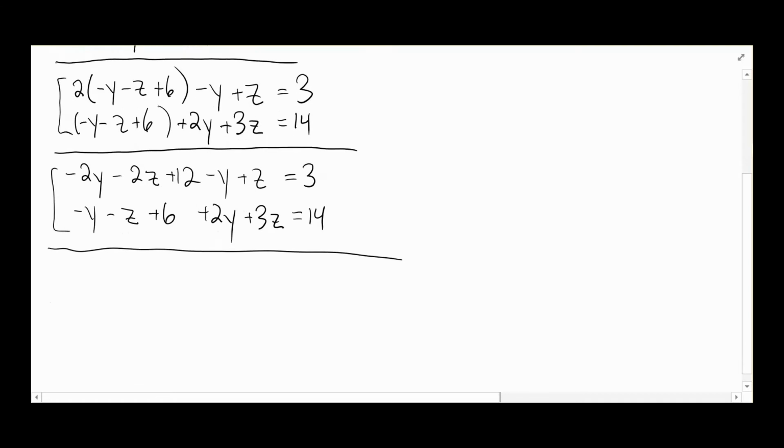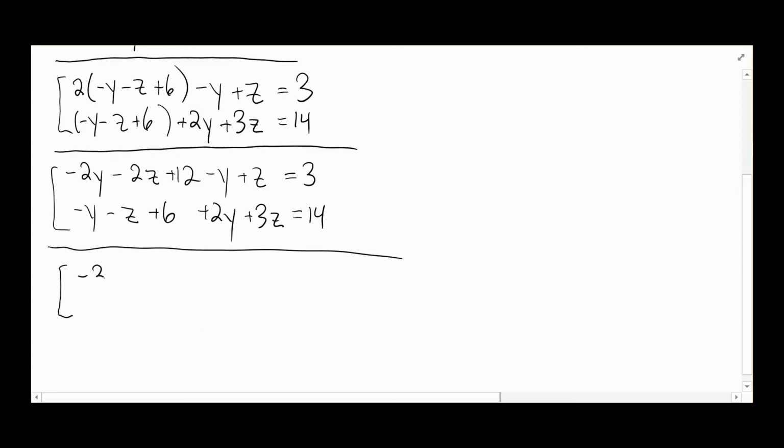All right, so now I'm going to combine like terms. You'll notice that we're already scrolling. So with the y's, I've got negative 2y minus y is negative 3y. Negative 2z and positive z gets me negative z. Plus 12 equals 3.